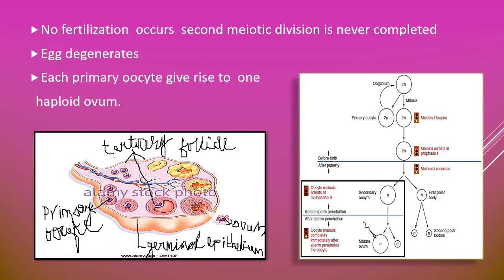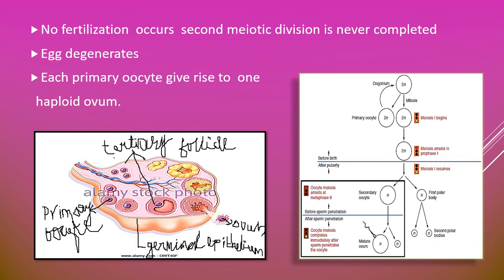Now, the unfertilized egg is eliminated from the body along with the lining of the uterus during menstruation. Finally, one haploid ovum and 3 polar bodies are produced at the end of oogenesis.